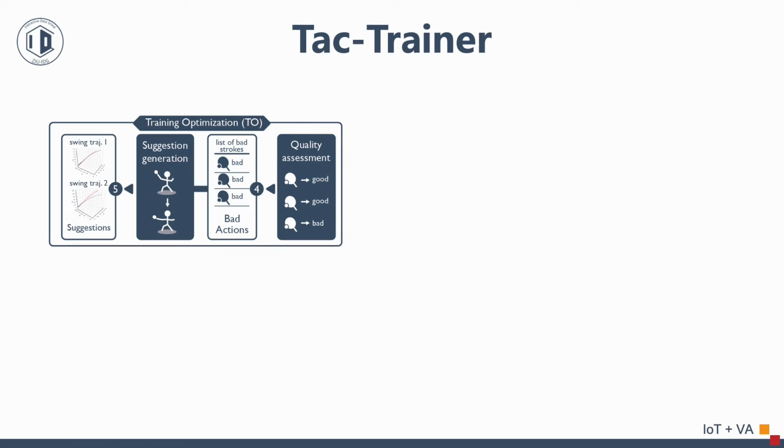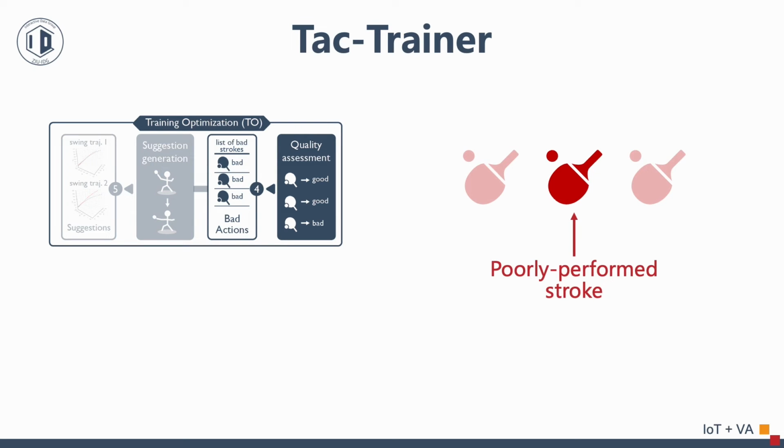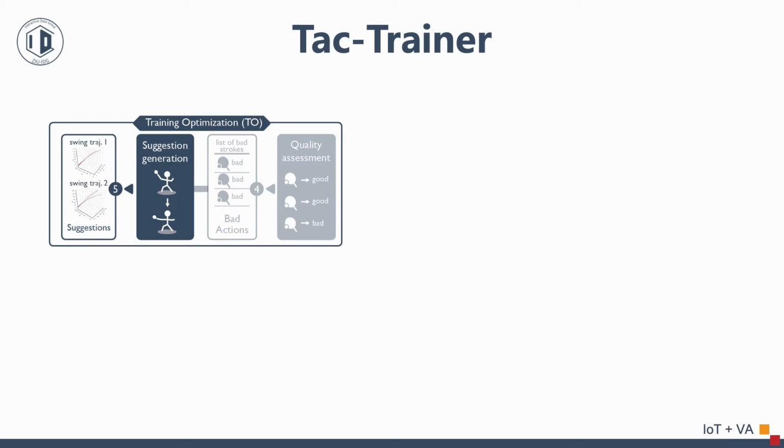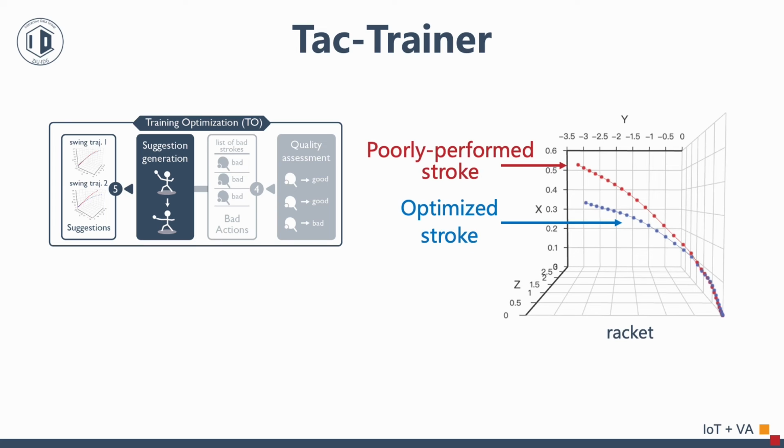In training optimization, we first provide interactive methods to help coaches find the poorly performed strokes. We will introduce the interactions later. Then we generate optimized suggestions for the poorly performed strokes. Here, we reconstructed trainees' movement trajectories.